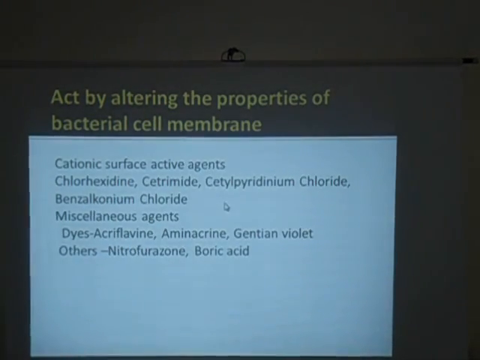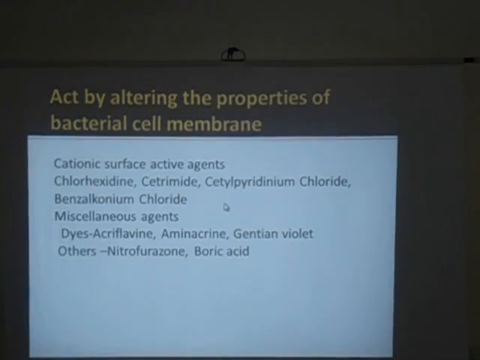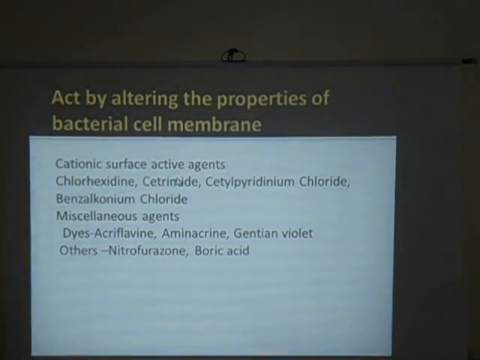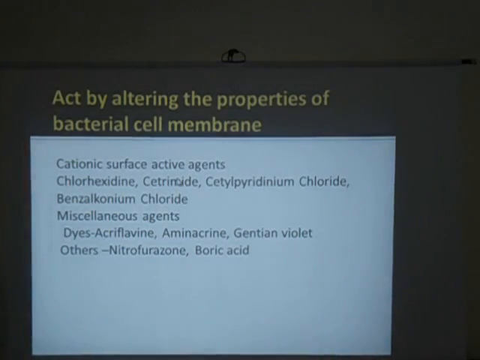cetrimide again is a part of this phenol. Okay, this is used in floor mopping also, and cetrimide is also part of the antiseptic liquid solutions. Then we have cetylpyridinium chloride, benzalkonium chloride. So have you eaten Strepsils? Yes? No one? Anyone not eaten?